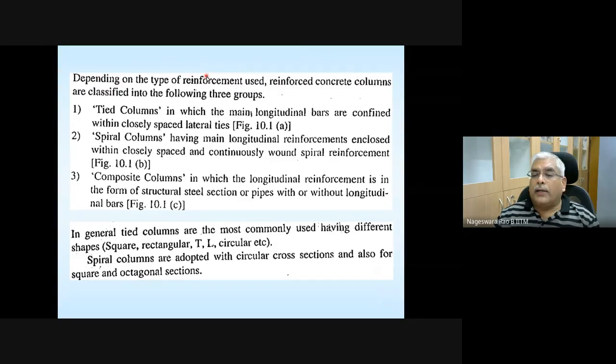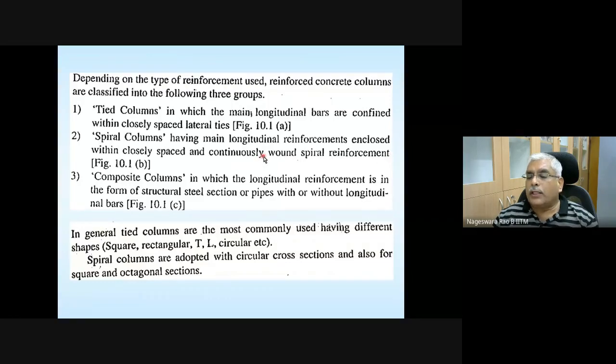Depending on the type of reinforcement, just now we noted in the figures, the description is given here. Reinforced columns are classified into the following three groups: tied columns, in which main longitudinal bars are confined within closely spaced lateral ties. Spiral columns, having longitudinal reinforcement enclosed within closely spaced continuously wound spiral reinforcement.